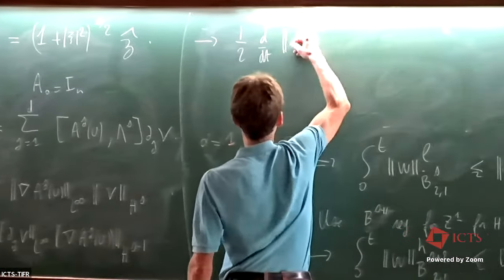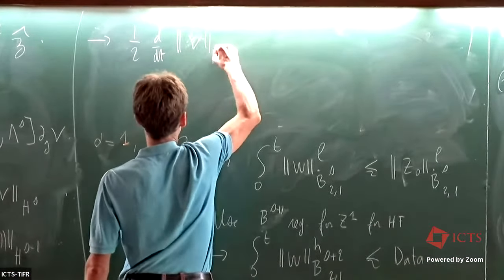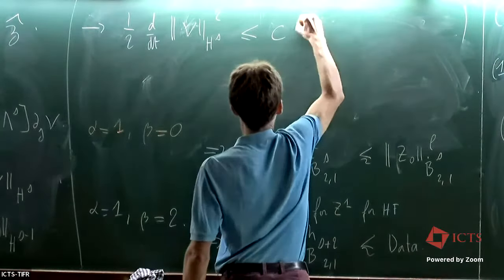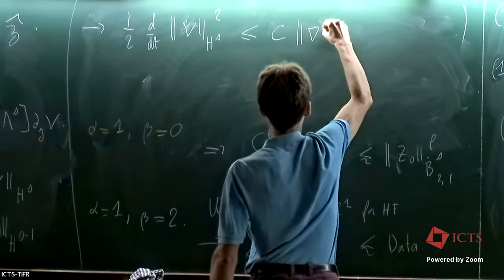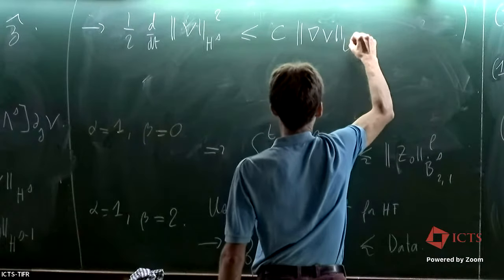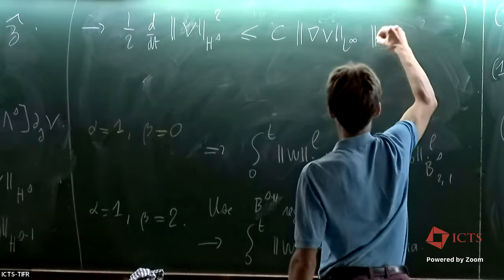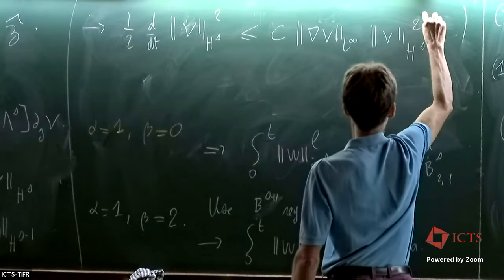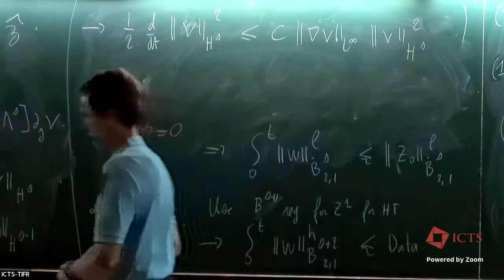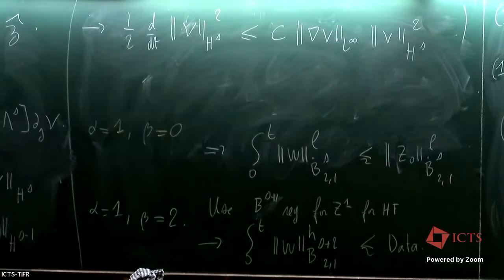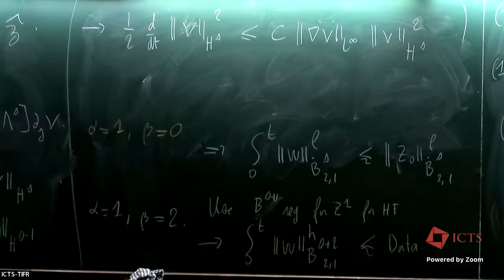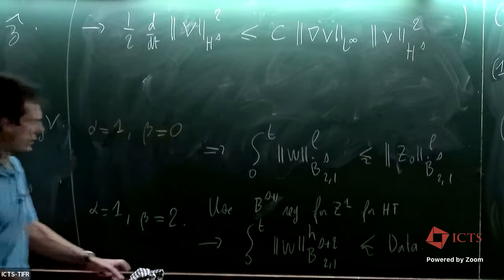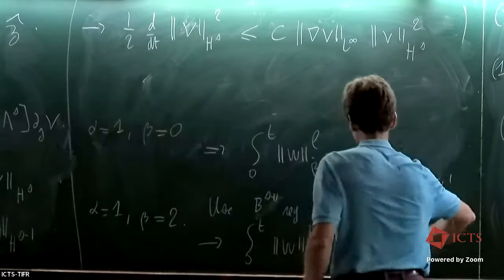You know that it's equivalent to the H^S norm, this one, and C gradient of V, or of U equivalently, times the H^S norm of V squared. The only difficult part here is the Kato-Ponce commutator estimate, which has been proved for a long time. Once you have this, it's very easy.